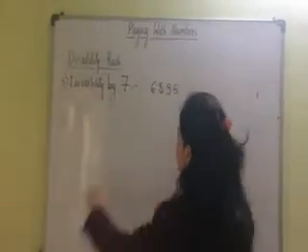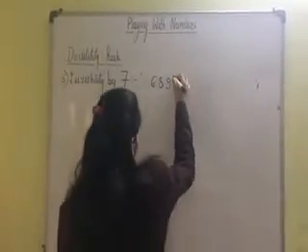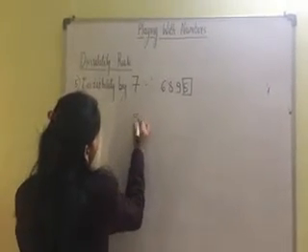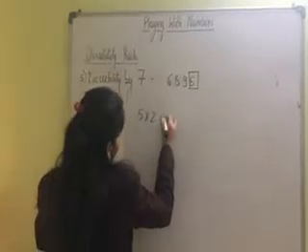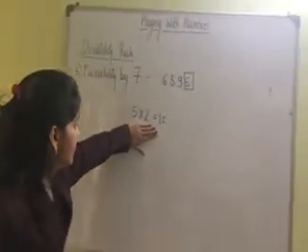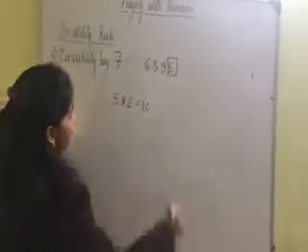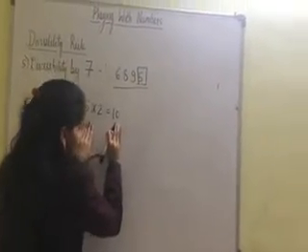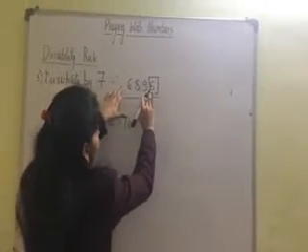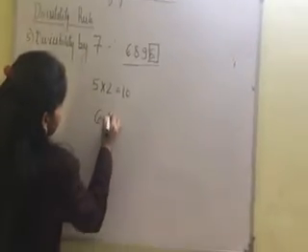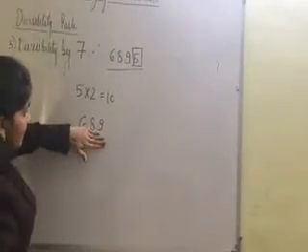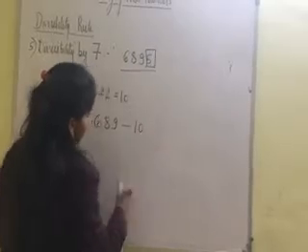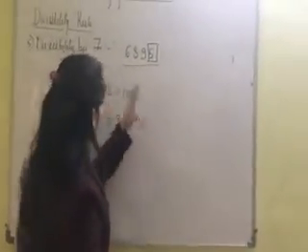Double of the unit digit means 5 multiplied by 2, which is 10. It is saying that if the difference between the double of the unit digit and the remaining number, here 689, is divisible by 7, then the whole number is divisible by 7.